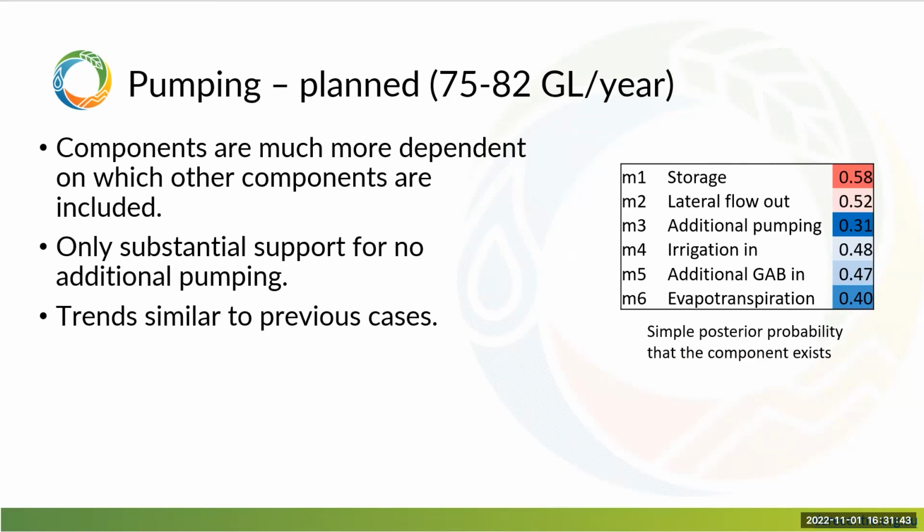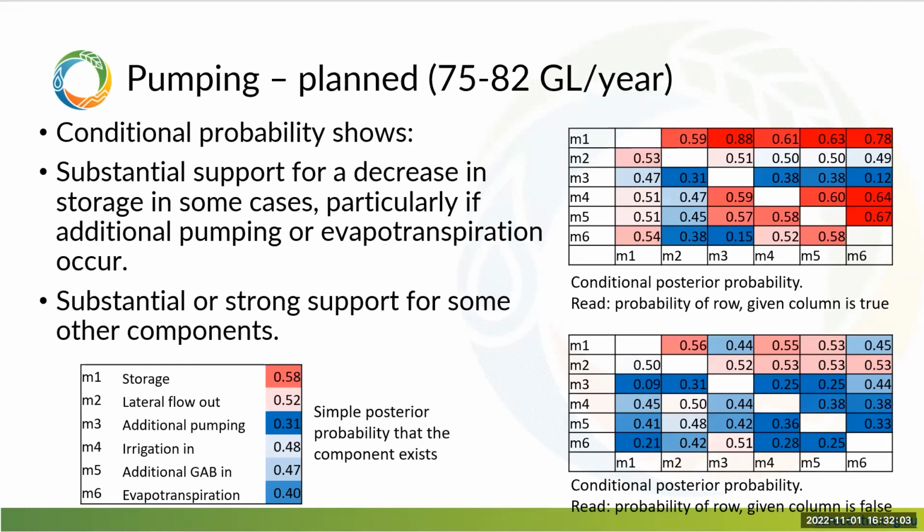So our last one here looks at the planned or the allowed amount of pumping per year. In this case, the components are much more dependent on which other components are included. Overall, there's only substantial support for no additional pumping, but the trends in general are similar to the previous cases. If we look at conditional probability, there's substantial support for decrease in storage in some cases, particularly if evapotranspiration or additional pumping occur.